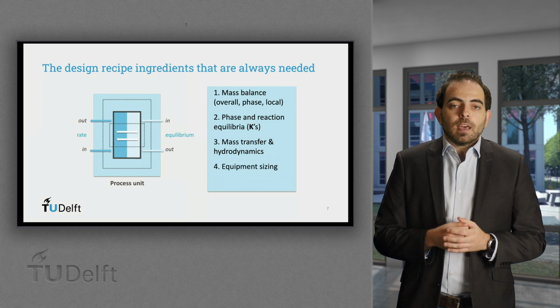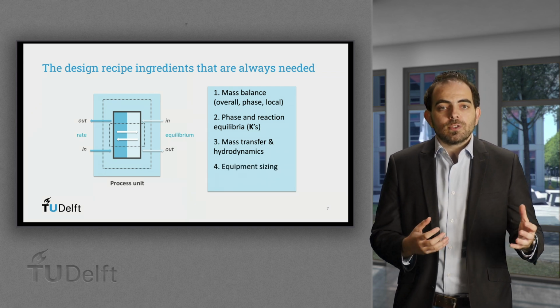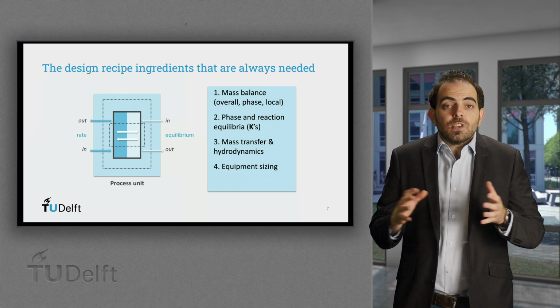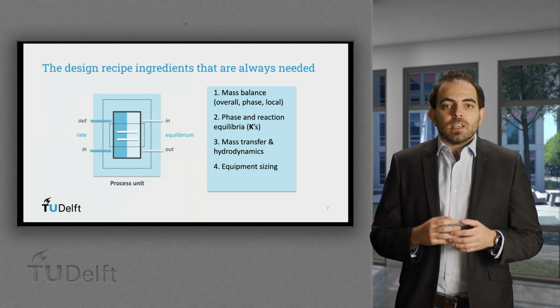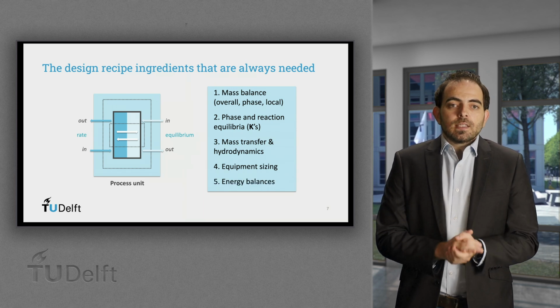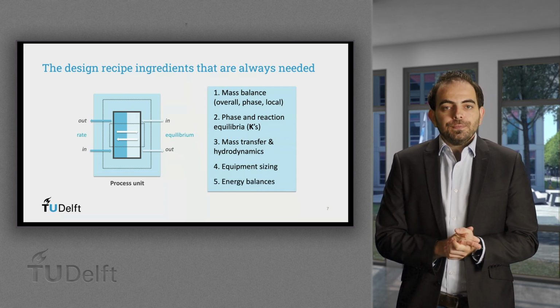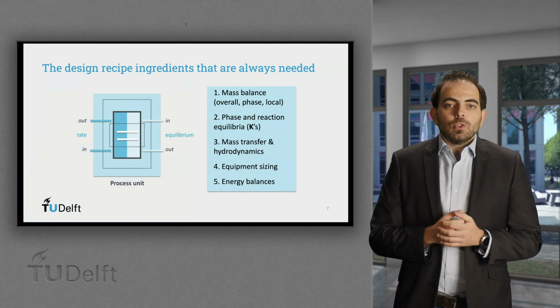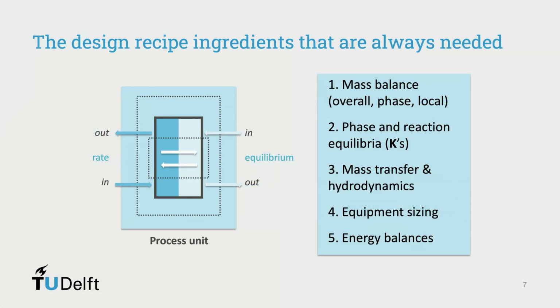Fourthly, dimensioning equipment to allow flows to remain in each unit operation sufficiently long to allow the process to progress to the desired extent. And finally, fifthly, setting up energy balances. Examples of how to use some of these ingredients have been given while designing downstream processes in week 3 and will be further used in week 5.